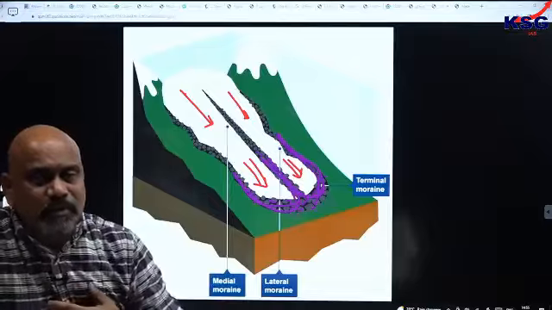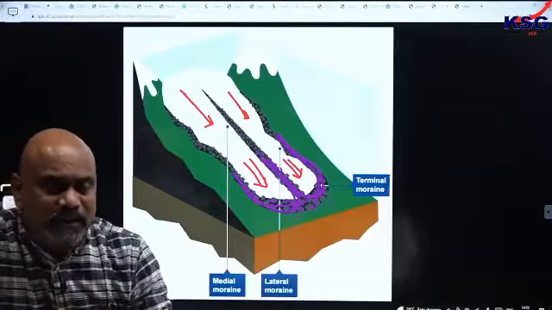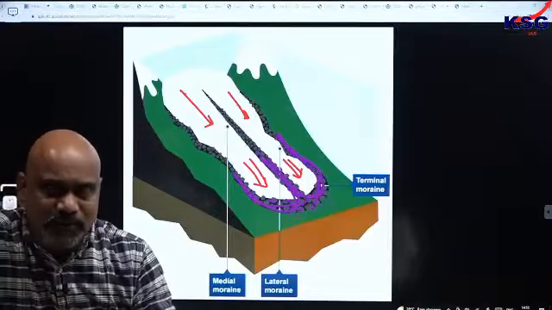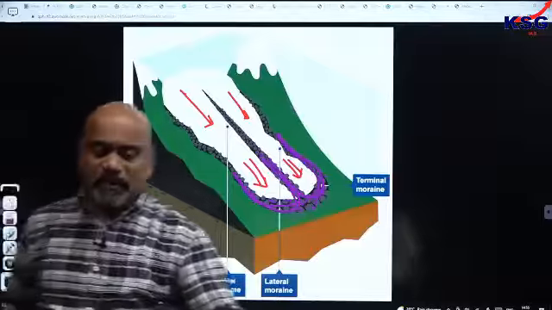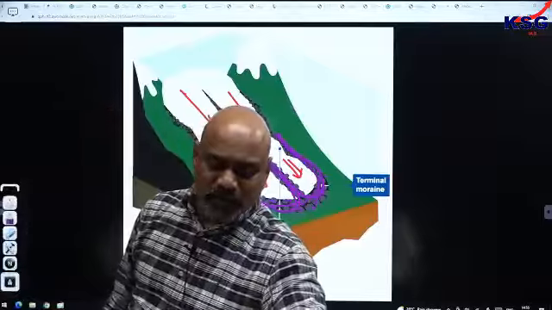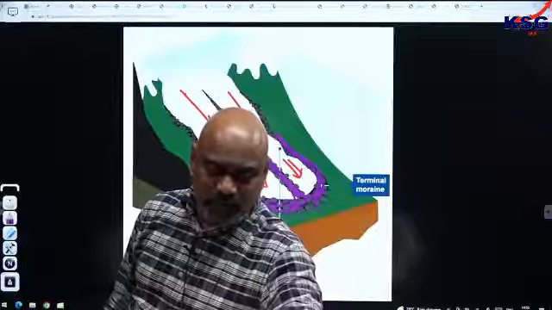A glacier gets deposited at the margin as well as at the edge. These are called moraines. Glacial deposits sediments at its margin as well as on the way. These are called moraines, I said.